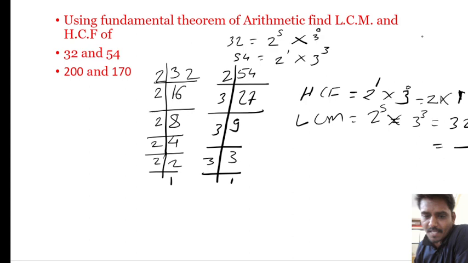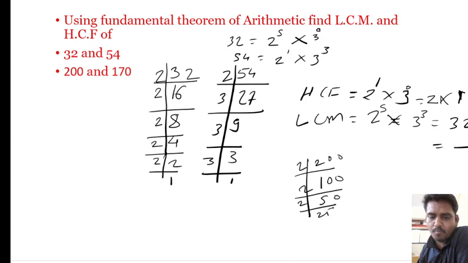So in the same way, let us try the example 200 and 170. The prime factors of 200: it is even, so start with 2, we get 100, divided by 2 again, 50, divided by 2, 25, then 5, 5, 5, 1. So we can say that 200 is equal to 2 raised to 3 multiplied by 5 square.